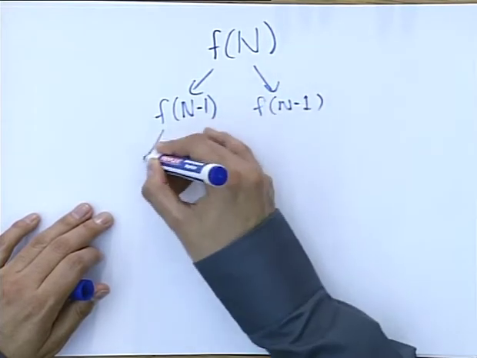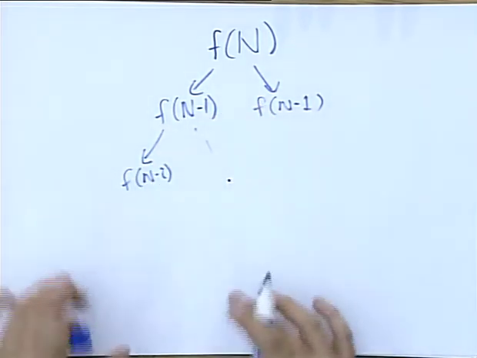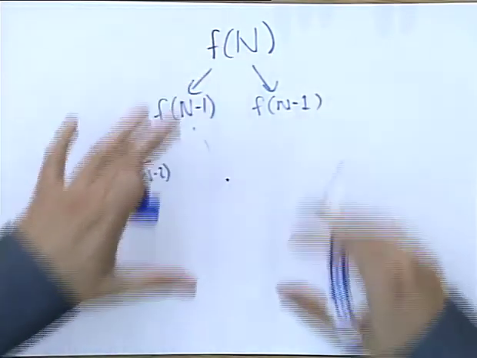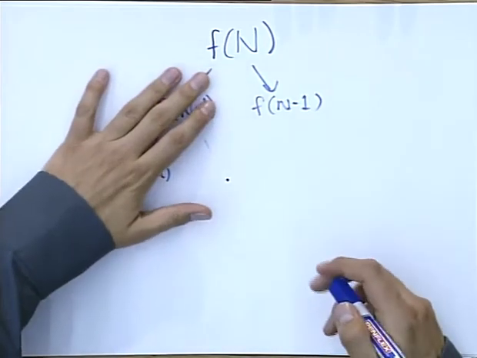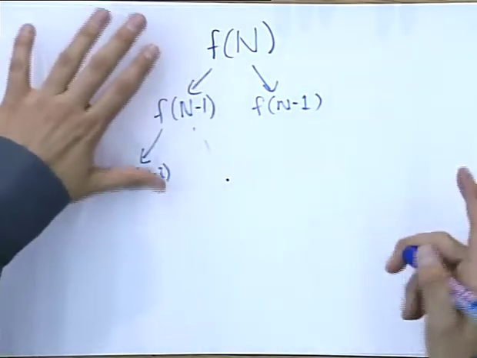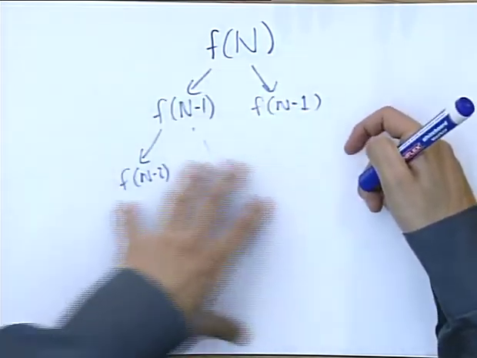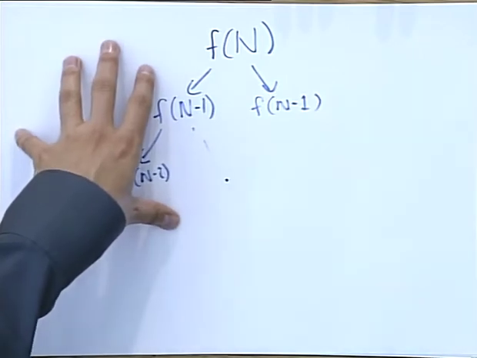And then each of these calls fn minus 2, and so on until I get to f0. Then you have to count all the elements in this. If you go and write it out, you will see that you get 2 to the power of n entries in this tree. And that's why it's then exponential time.